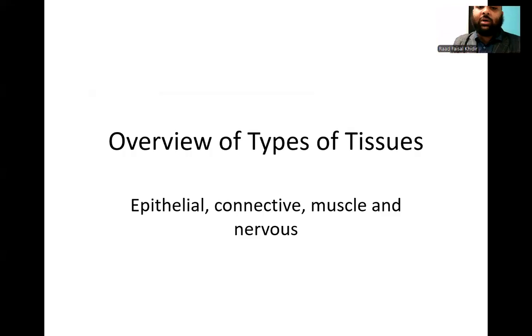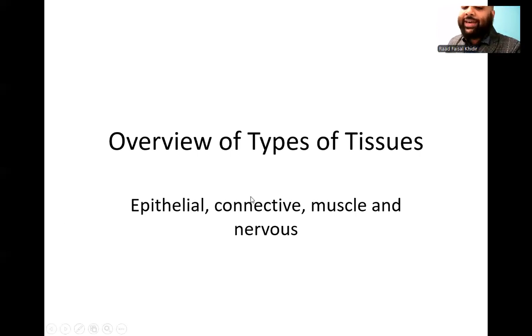There are different types of tissues. So we have four types of tissue. There's epithelial tissue, connective tissue, muscle tissue, and nervous tissue. So these are the four tissues you need to have in mind. So you're supposed to be able to reproduce: what are the four types of tissues?